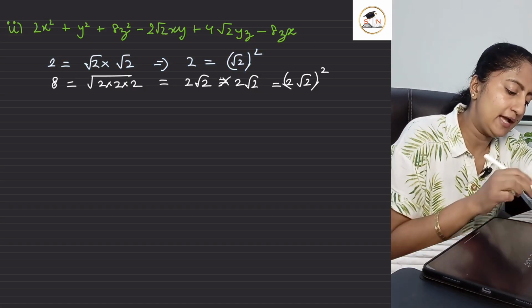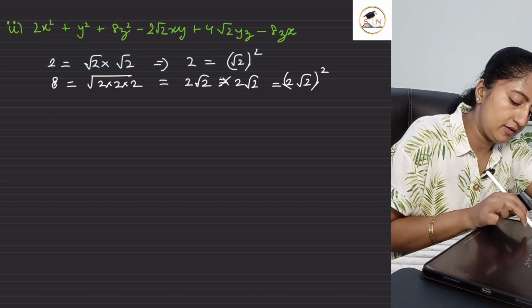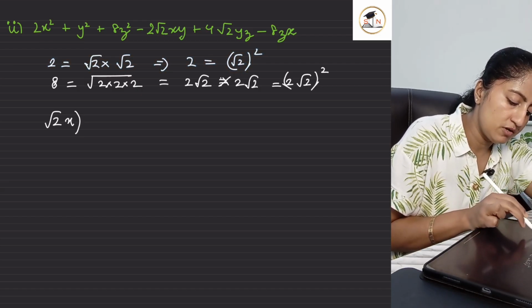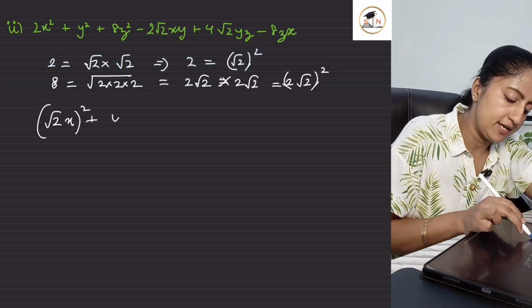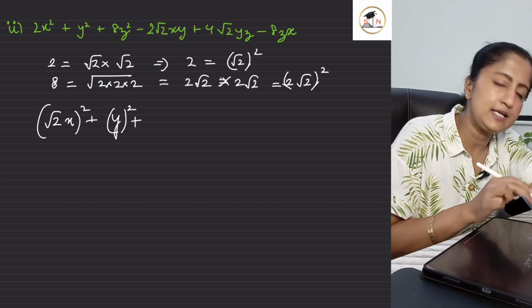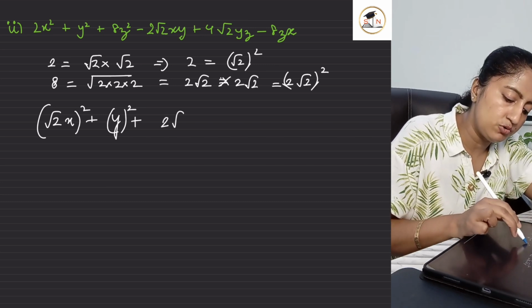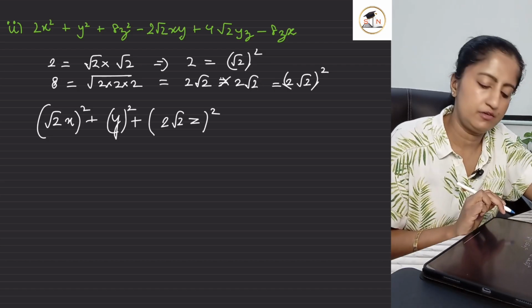So now we will actually apply the identity. In place of 2x², I will write (√2x) whole square, because this is going to give me 2x². Then y is a simple term, just y whole square. And after that, 8z² means (2√2z) square. This is what we have, right?